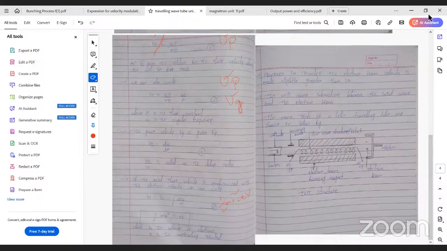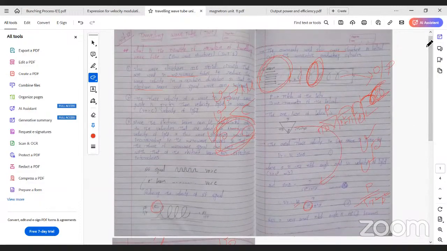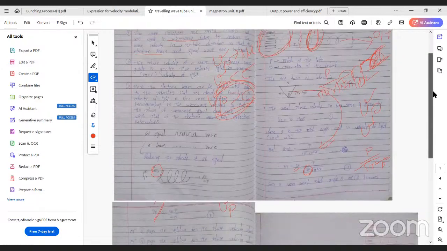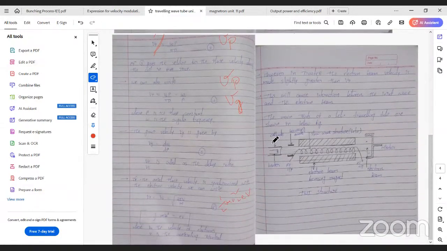After calculating, in the examination you can get a question like this, which I observed in previous papers: what is the principle of operation of the traveling wave tube? Principle and operation of the traveling wave tube means up to here you have to write. After writing this, what does this diagram represent? The TWT structure. You have a helix, on this side the radio frequency input and on this side the radio frequency output.